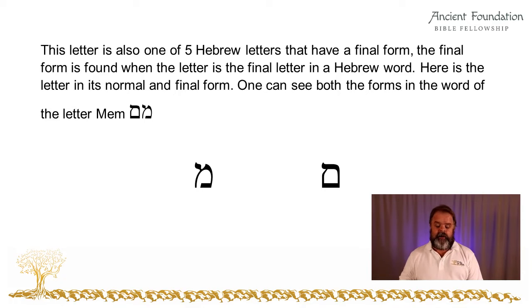And one can see both the forms in the word Mem, which is the Hebrew word for the letter Mem. You see there at the front is the normal form, and the last letter is the final form. And down below you see the normal form on the left hand side and the final form on the right. So this letter Mem is a really good example of the normal and final forms together.